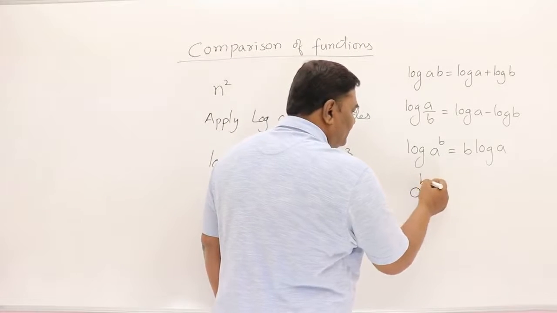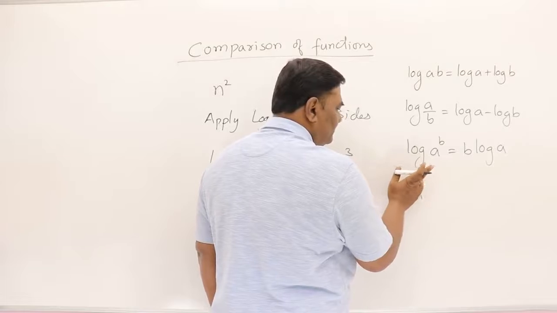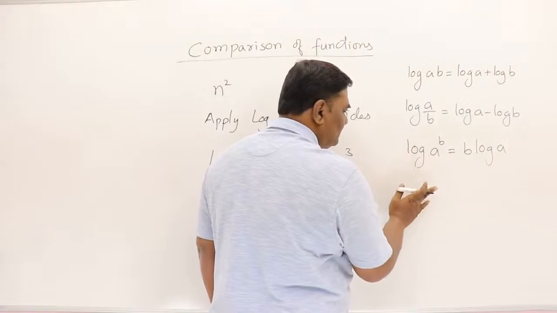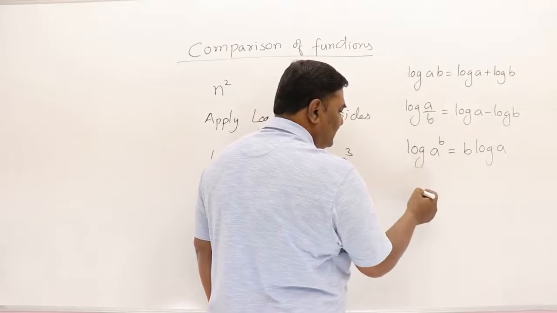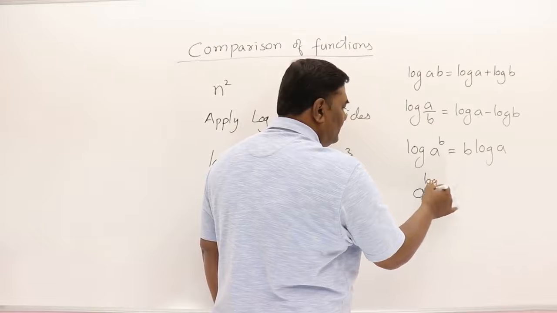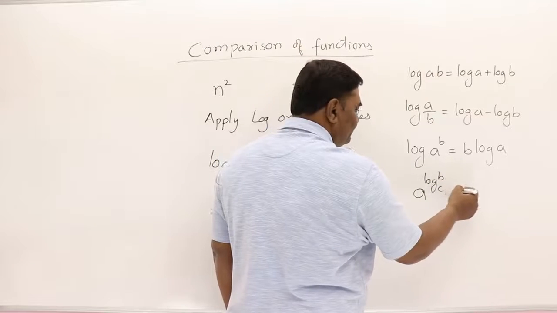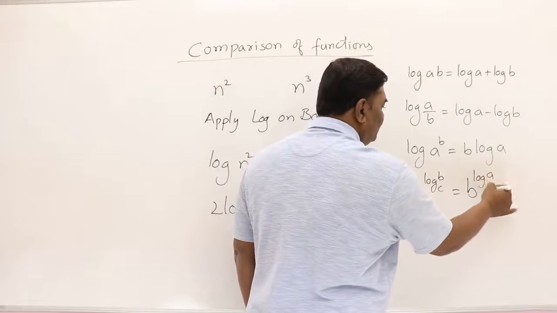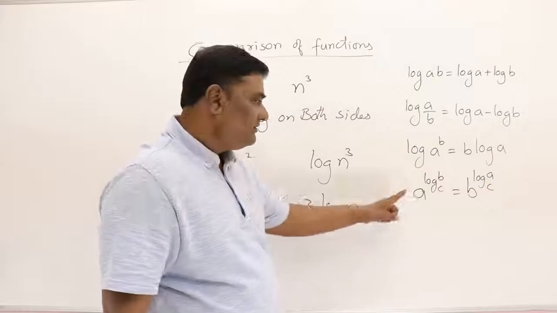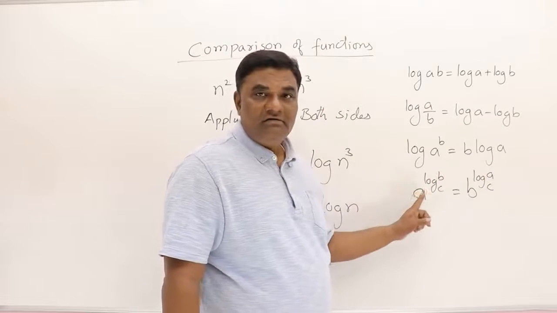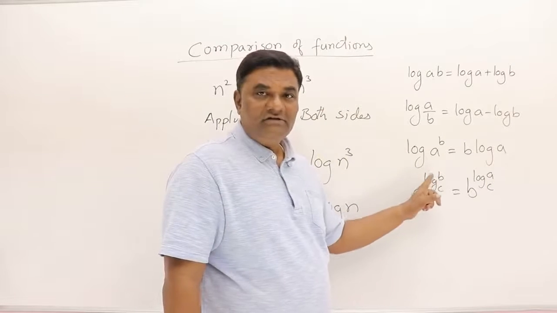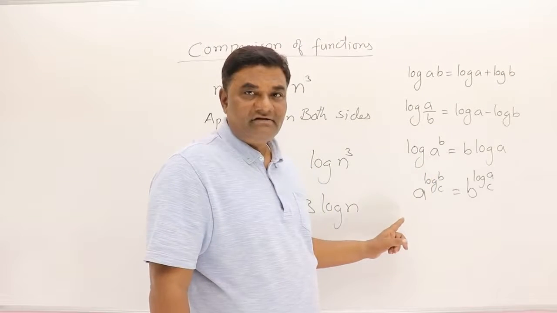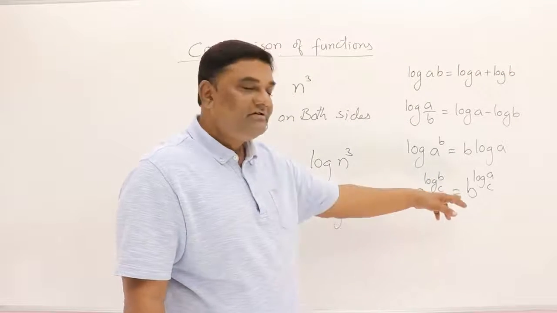A power log b base c is b power log a base c. So this log value can come as a base here if it is in power.